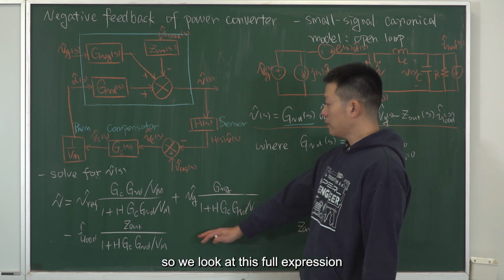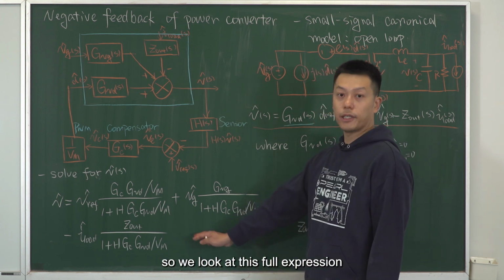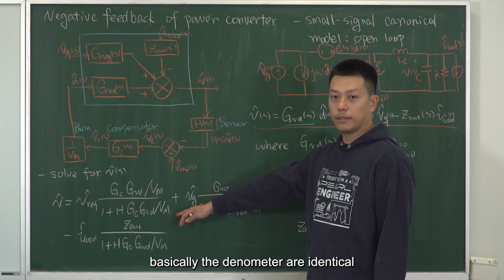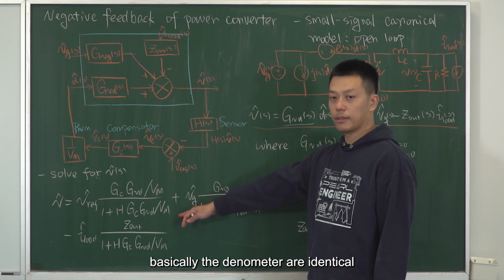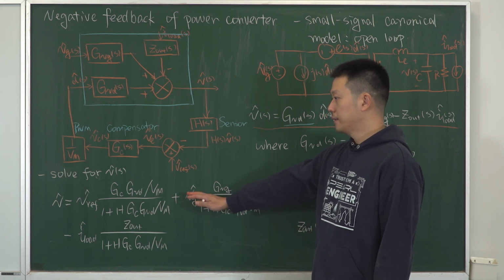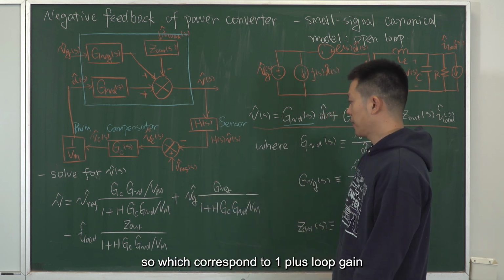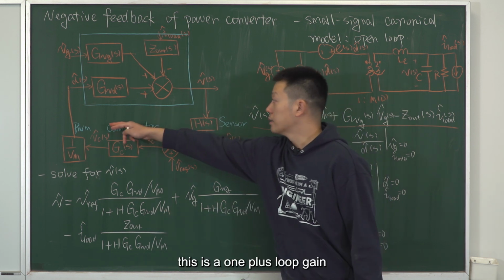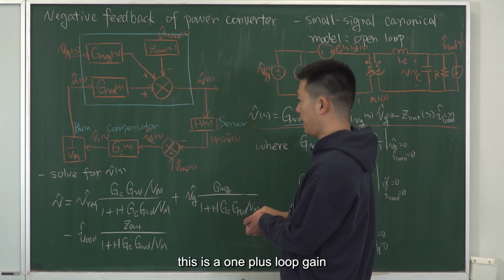So when we look at this full expression, we can see that they have some common parts. Basically, the denominators are identical, which corresponds to 1 plus loop gain.